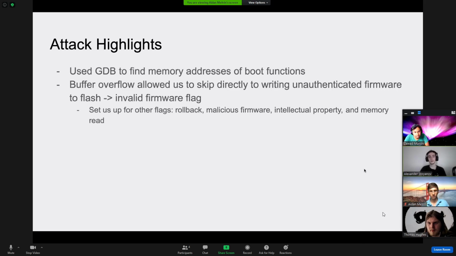Other things we could do with overflow attacks that we've considered are overwriting keys or directly erasing certain parts of memory. So there we go.